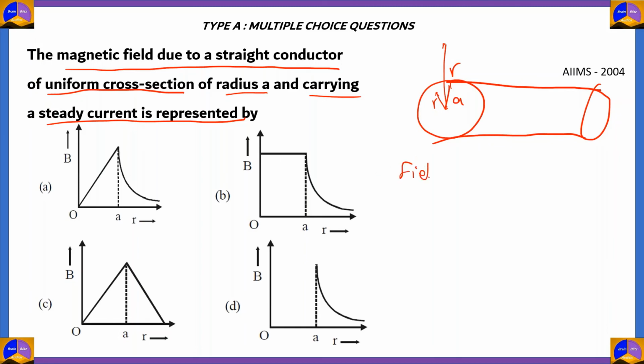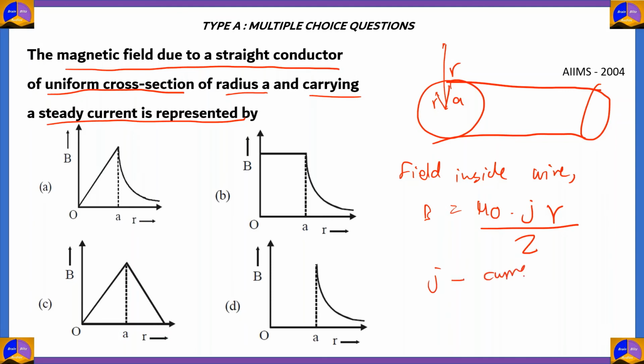So for a magnetic field inside a wire of these dimensions, it'll be equal to mu naught times J r divided by 2, where J is current density. And for outside the wire, B will be equal to mu naught J capital A square divided by 2r.